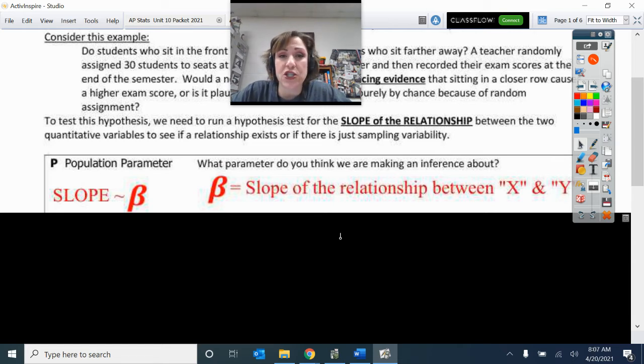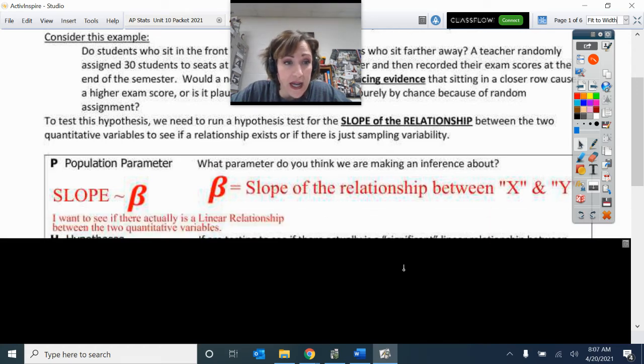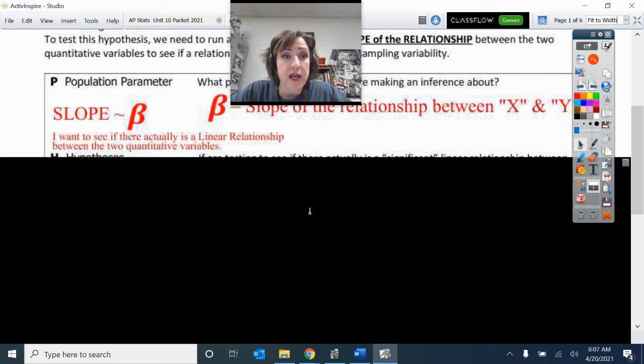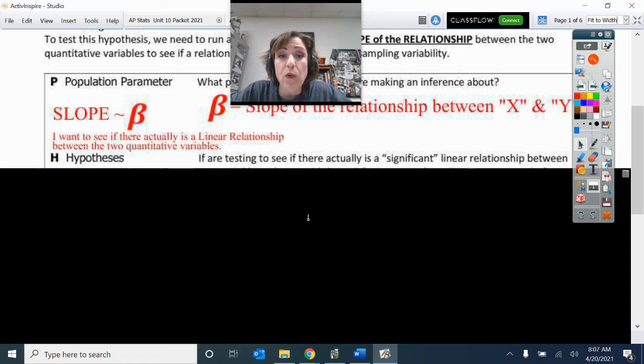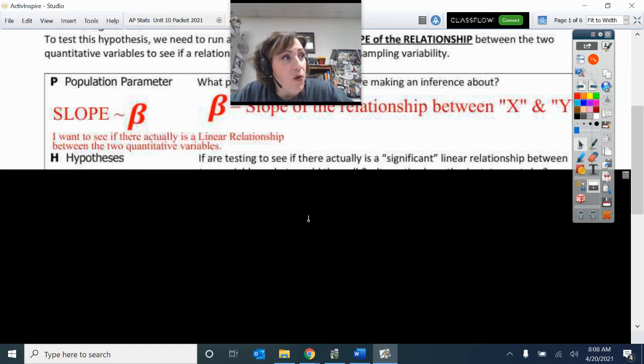Okay, so unfortunately, that's the same variable we're using to represent beta, the slope of the relationship between x and y, because we want to see if there really is a linear relationship between those two variables. So what would our hypothesis statement be? The null hypothesis, nothing's happening, no big deal, nothing's going on.